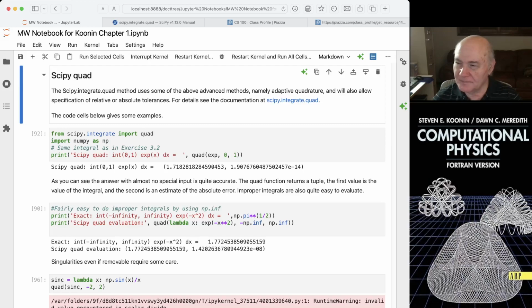And if we do it with SciPy, we use quad. Now I need to have the function defined. I could define it separately and then just put the name here. But I can just do a lambda function on the fly, e to the minus x squared.